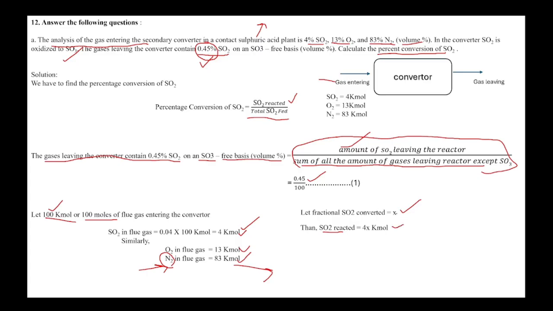This amount is reacted. SO2 unreacted: we have fed 4 and this much is reacting, so the remaining will be unreacted. This is the first component at the converter's end.